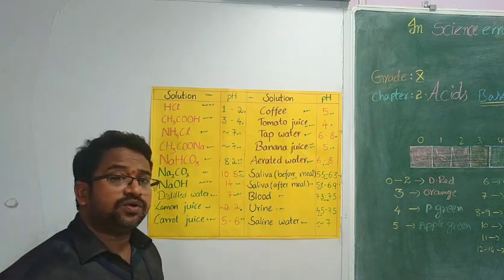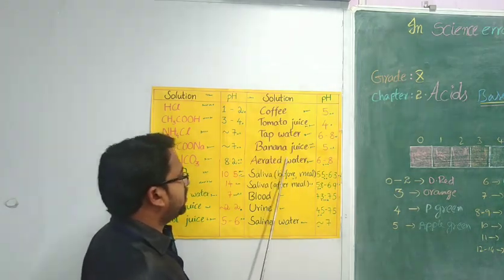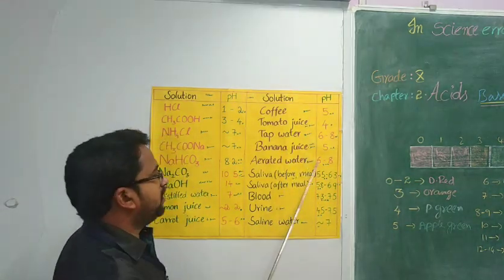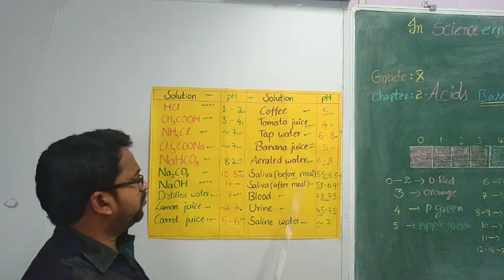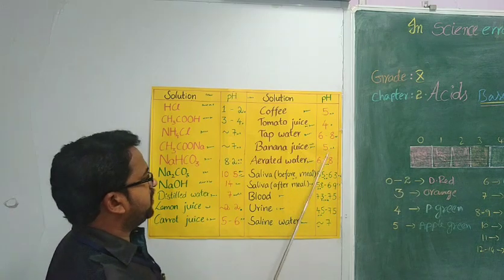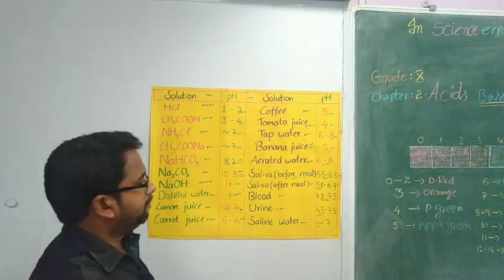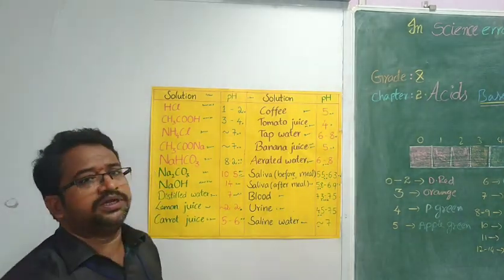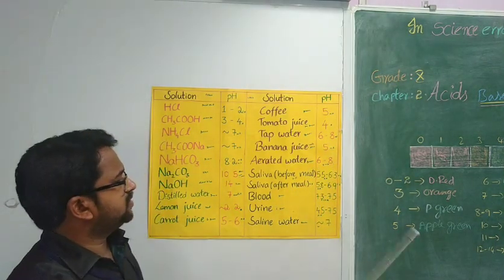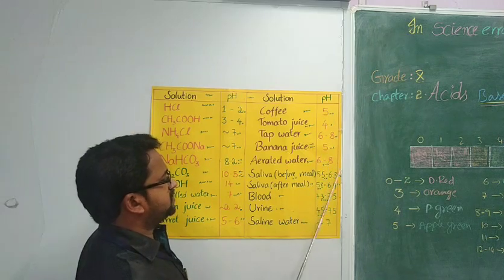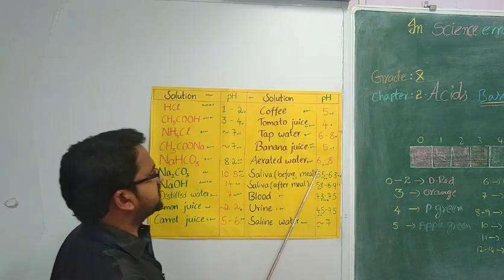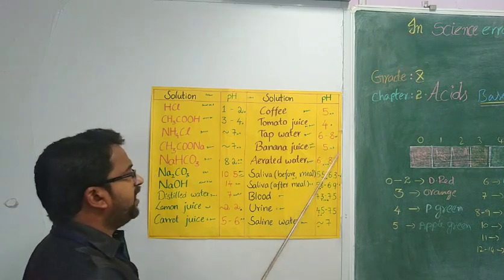Next, aerated water. Aerated water means cool drinks. In cool drinks, the pH color is green and the range should be 6 to 8. But most of the aerated drinks are not given the same pH range, because they add some more ingredients, and some pesticides are going to be present there. So the pH range will not be like this. It is very mild acidic in nature.